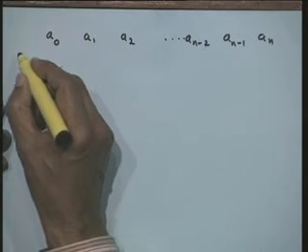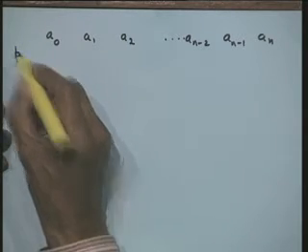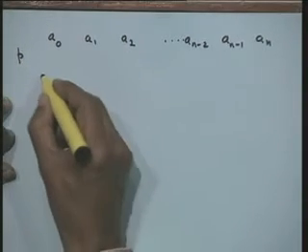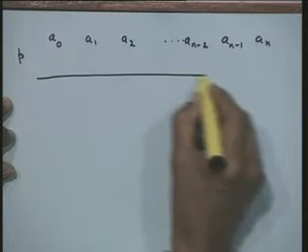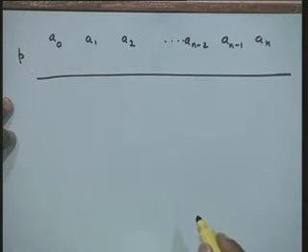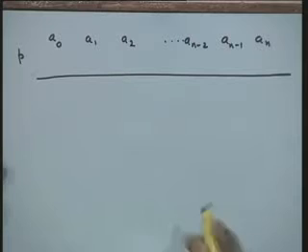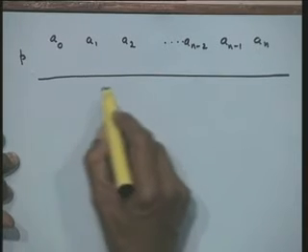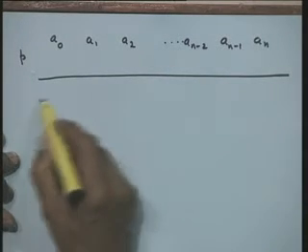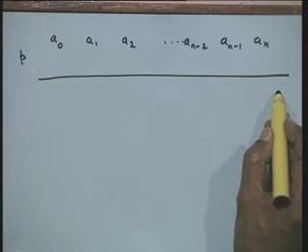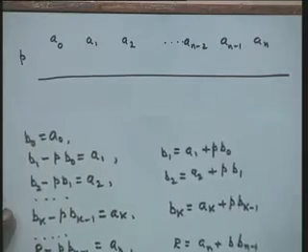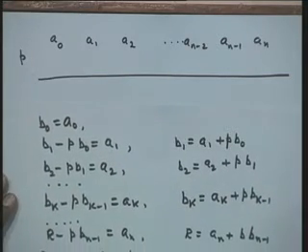Then I will take the root I am extracting, P, the approximate root. Let us put a line like this. On this line I will get my values of B's, all my B's will come here. Let me put this sequence here.